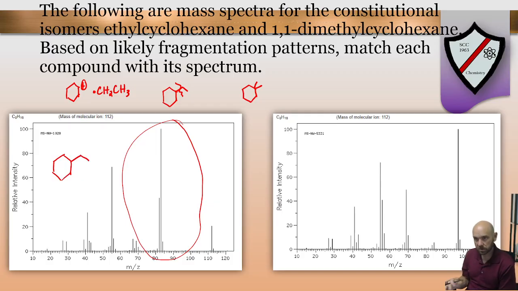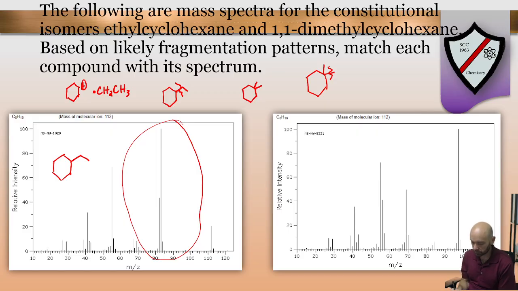But just to be certain, let's see the other spectra over here and see if we can make sense of why we see some of the particular fragmentation patterns for that molecule. And if we consider 1,1-dimethyl cyclohexane, I'll draw it a little bit bigger right here. It really makes sense to have a really prominent peak that breaks one of these bonds there, one of these methyl groups.